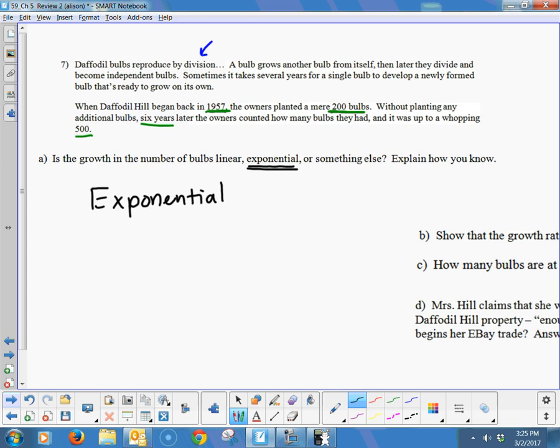So to go from 200 to 500 bulbs, you multiplied by 2.5 in 6 years. And so 6 years after that, in 12 years, you'd have that amount. And again, you'd be multiplying by 2.5 because every new bulb sprouts more bulbs.